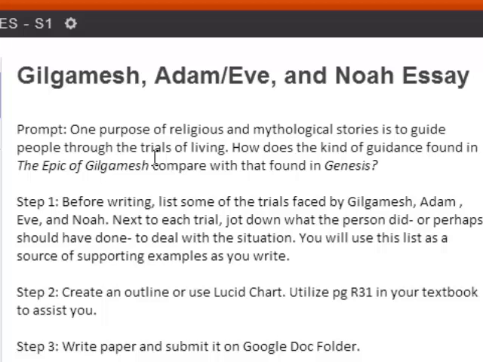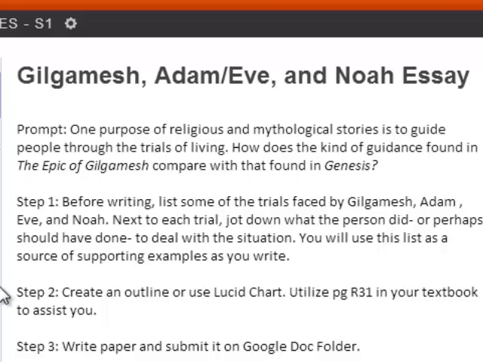And you guys are basically going to be writing a compare and contrast sort of paper. Now there's many different ways to write a compare and contrast paper, but I feel that the one that you have particularly created using your Lucidchart is going to help you out quite a bit.